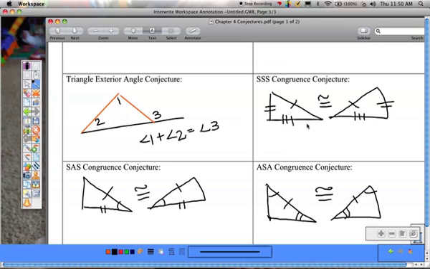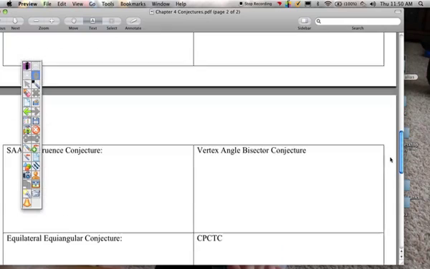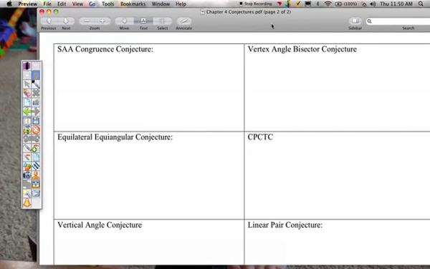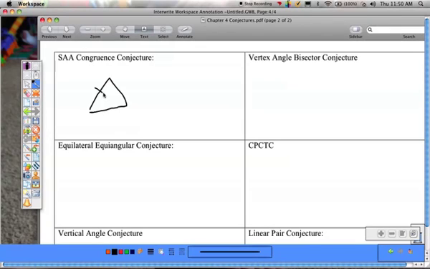And that just means it's the minimum amount of information you need to show that the triangles are exactly the same without measuring all 6 angles and all 6 sides. Side angle angle congruence conjecture. Again, if you have a side, an angle, and an angle, congruent to a side, an angle, and an angle, these triangles are congruent.